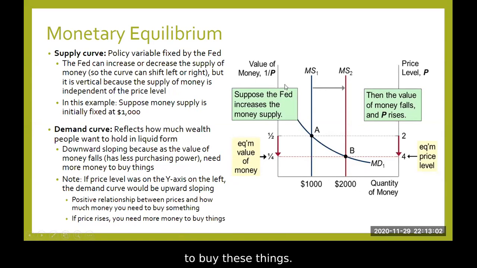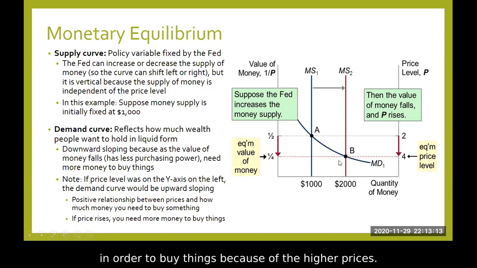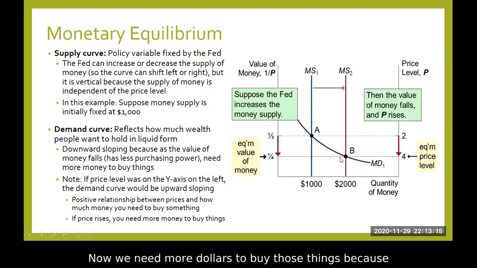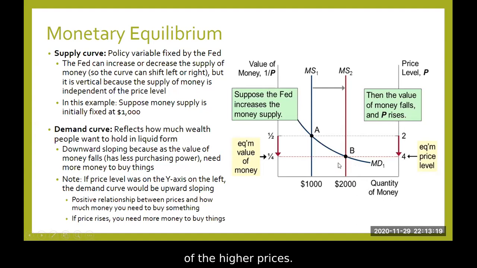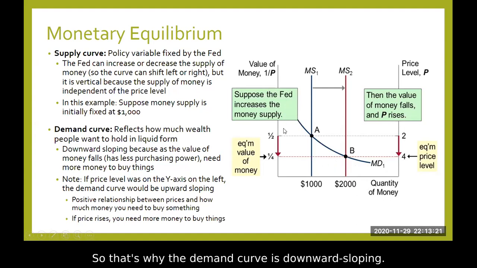And as we go across to the right, as the price level is higher, we need a larger quantity of money in order to buy things. Now we need more dollars to buy those things because of the higher prices. So that's why the demand curve is downward sloping.